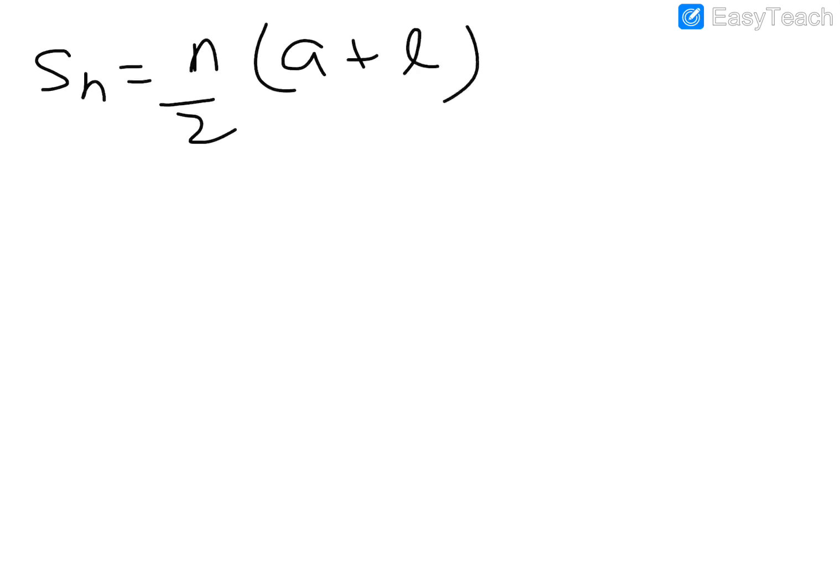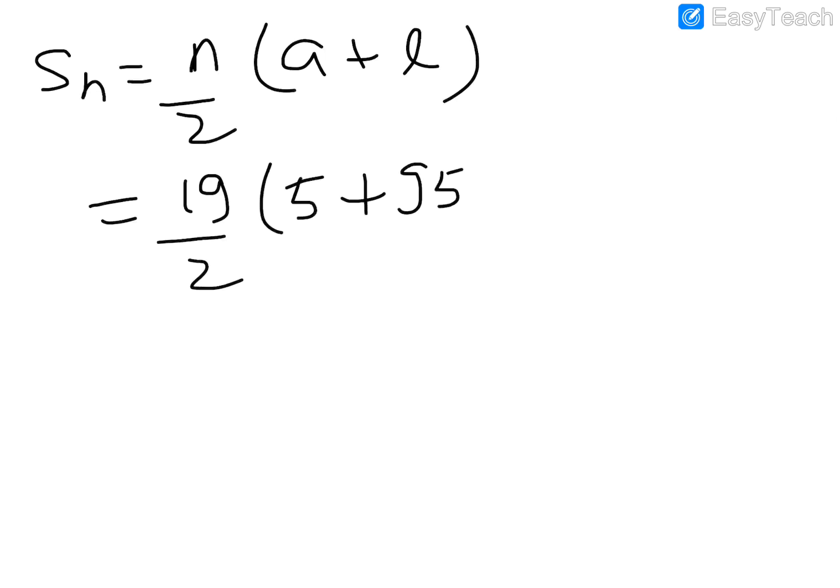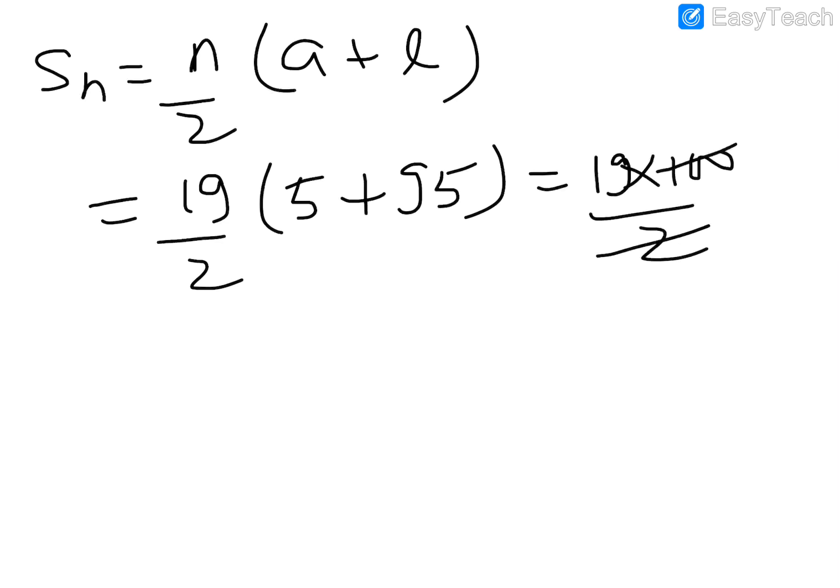Now use the formula for sum. Sn will be n by 2 into a plus l. So 19 by 2 into a, which is 5, l is 95. So it is 19 into 100 by 2, that will be 50. So it is 950. Got it?